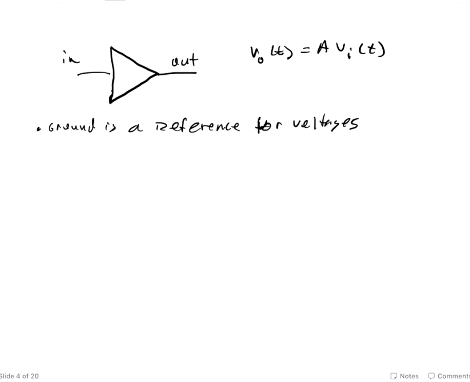Earth generally refers to our planet. So if I say there's 5 volts on that node, or apply 5 volts, what that really means is 5 volts minus earth.